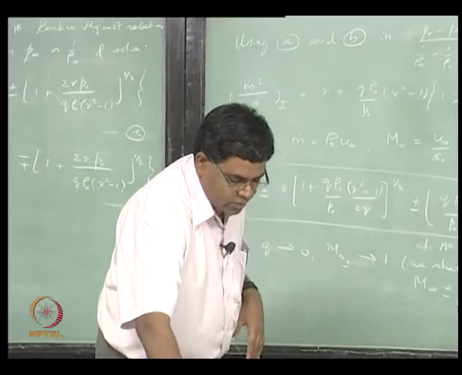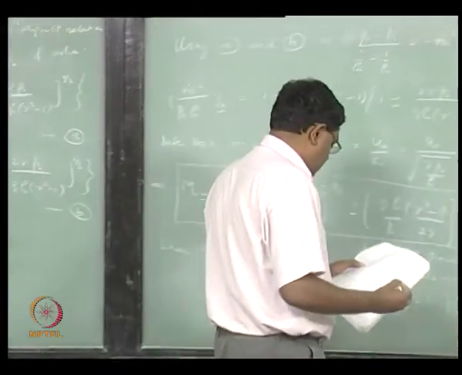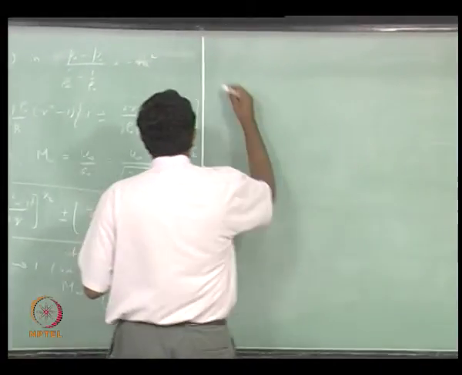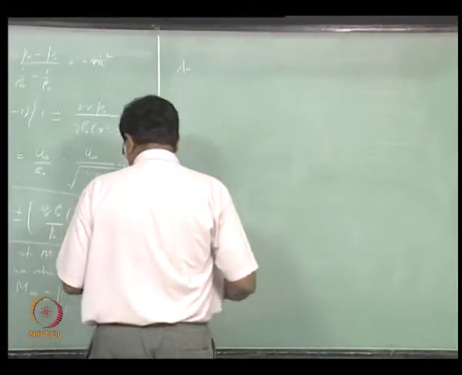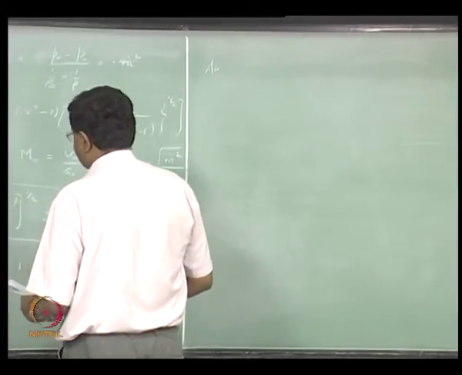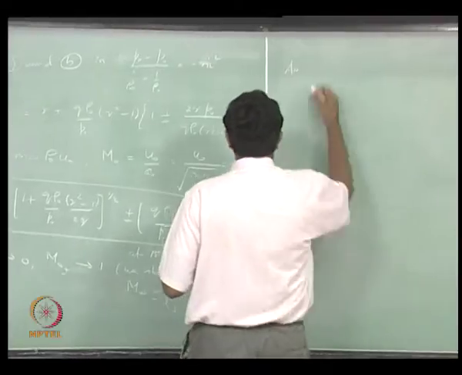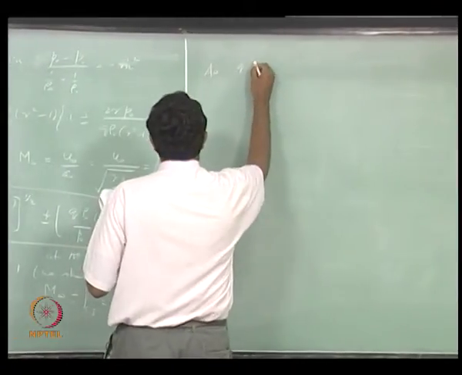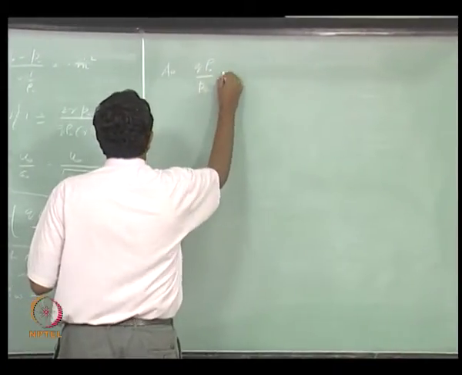So if you now look at the limit then, strictly speaking we don't have to look at Q going to infinity itself. What really matters for us in this expression is that Q rho naught divided by P naught goes to infinity.